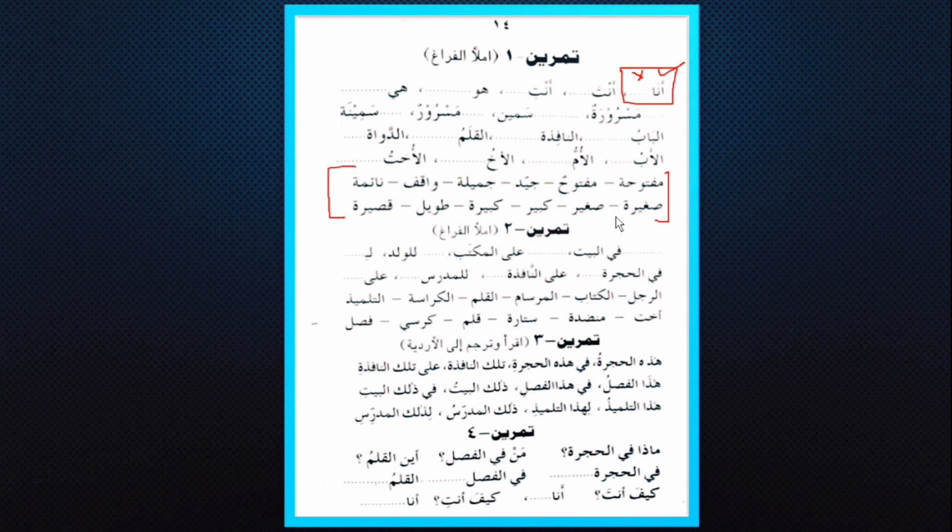But we can also use words from our own vocabulary, from our own memory. In the first one, we can put, for example, sagirun. So we can say ana sagirun. I am small, I am young.